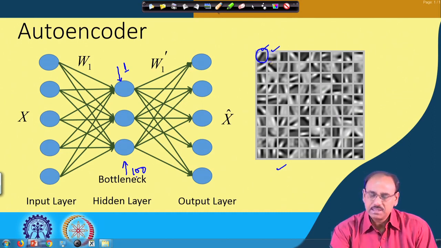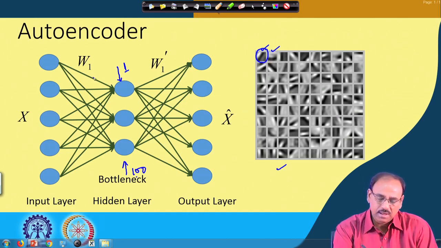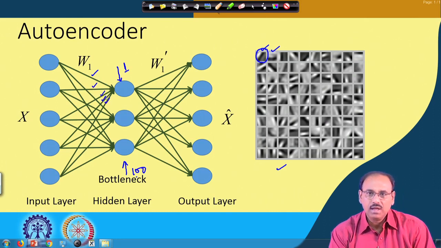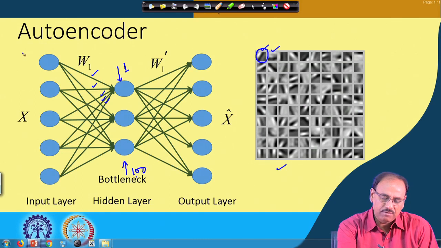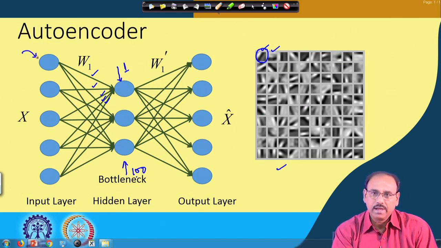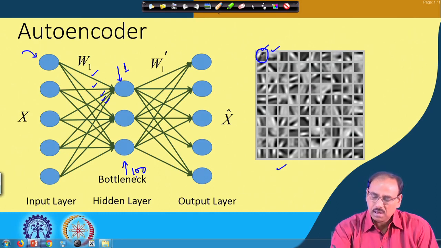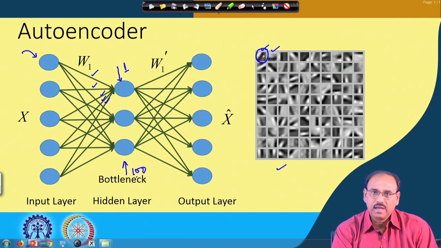And how has this image been formed? It is nothing but the weights from the input which are connected to the first node. You remember the way we got this vector is by concatenating the columns of the input image. So, when I reconstruct these structures which are learned by these hidden layer nodes, these are the weight vectors folded back in the form of an image.